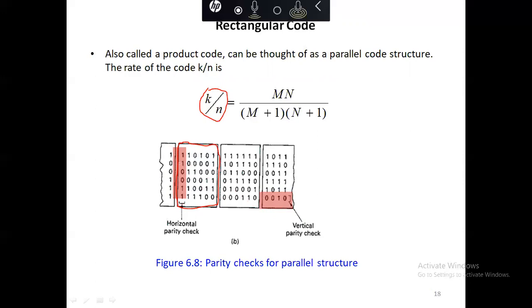So we have an additional column and one row for parity. For row-wise parity, we have an additional column, and for column-wise parity, we have an additional row. So in fact the actual data is of order m by n, and we have coded data of order (m plus 1) by (n plus 1). So this is in fact the code rate k by n of the rectangular code.